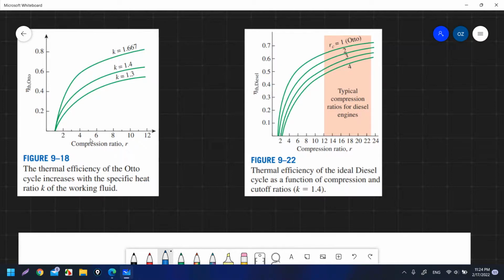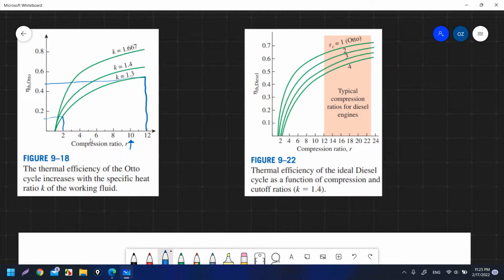For example, at k equal to 1.3 at a low compression ratio, the efficiency was so low, less than 0.2. But by increasing the compression ratio to 12, the efficiency is around 0.5. If it comes in the exam, what will happen for the Otto cycle and even the diesel cycle by increasing the compression ratio? What will happen for the thermal efficiency?